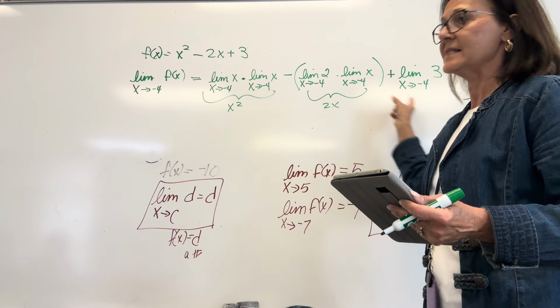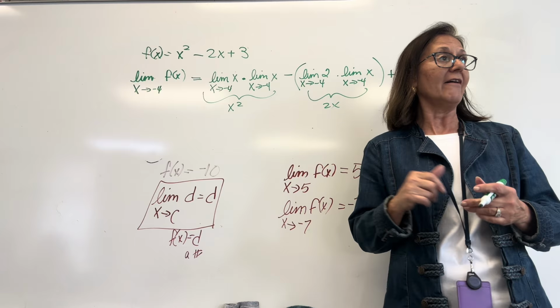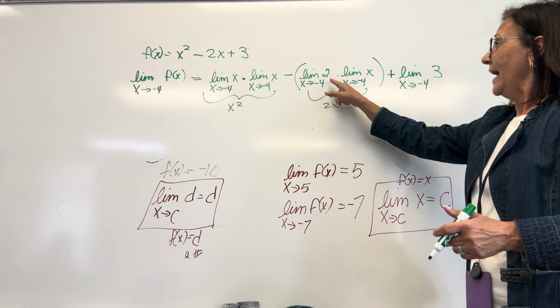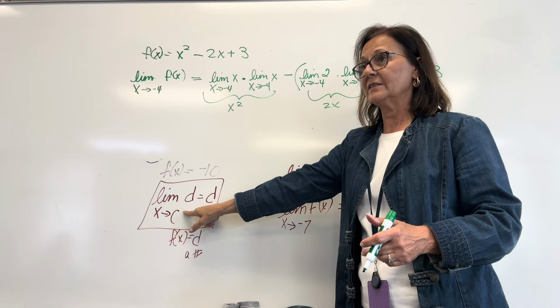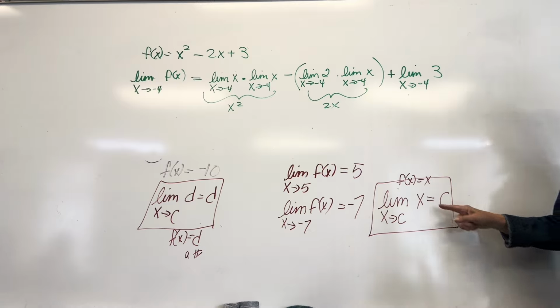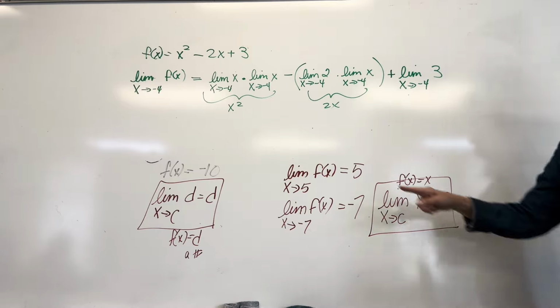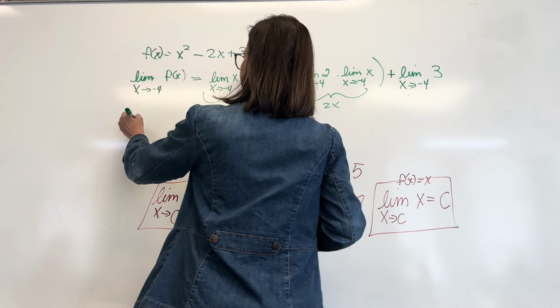I can break this out. And now, what do I have? I only have identities and I have constants. So I can use the two rules. All right, so let's do it.